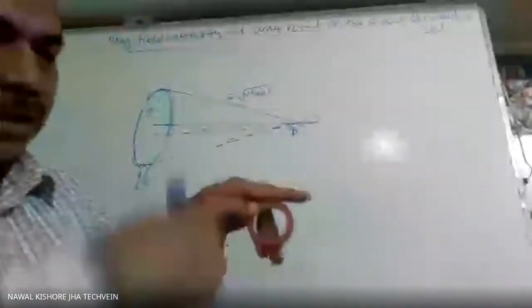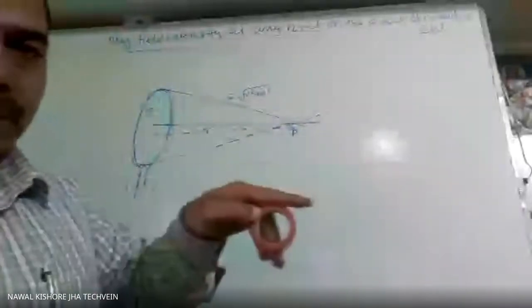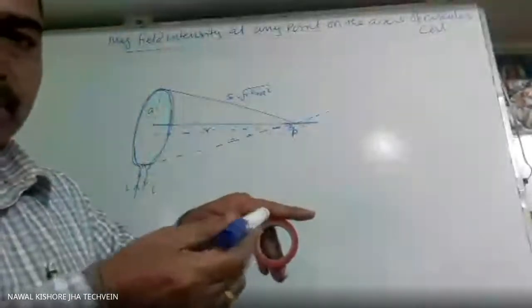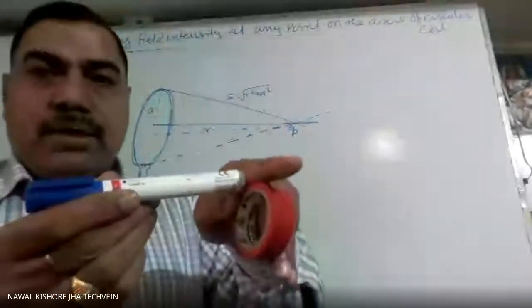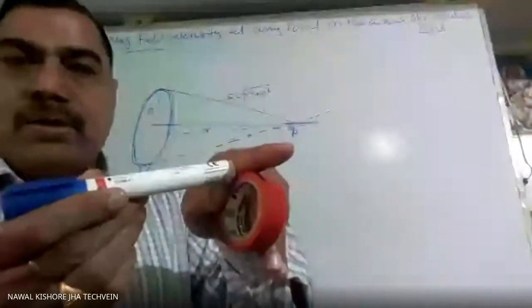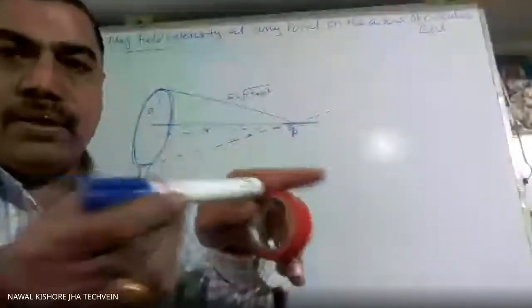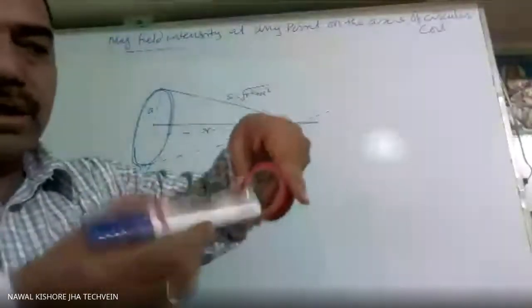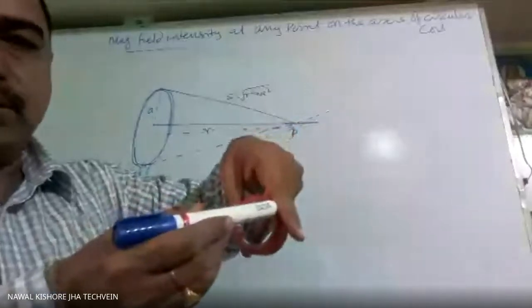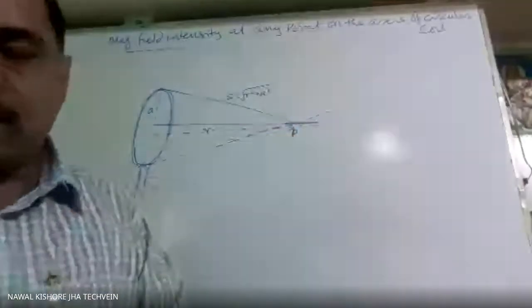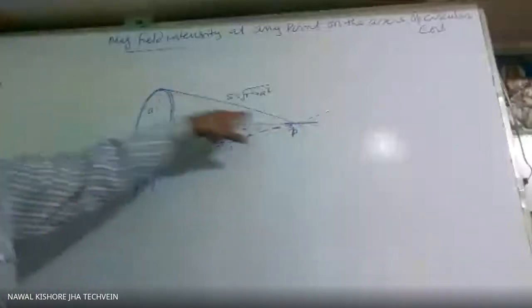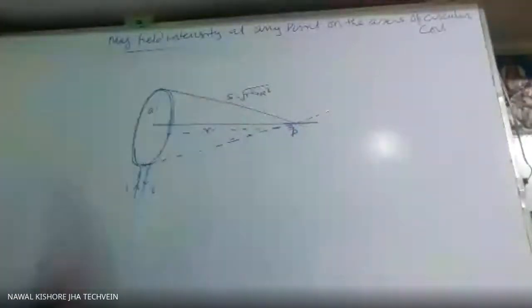Whereas this position vector is along the marker. So what is the angle between this finger and the marker? 90 degree. Anywhere you take, the angle between the current element and this position vector S is 90 degree.